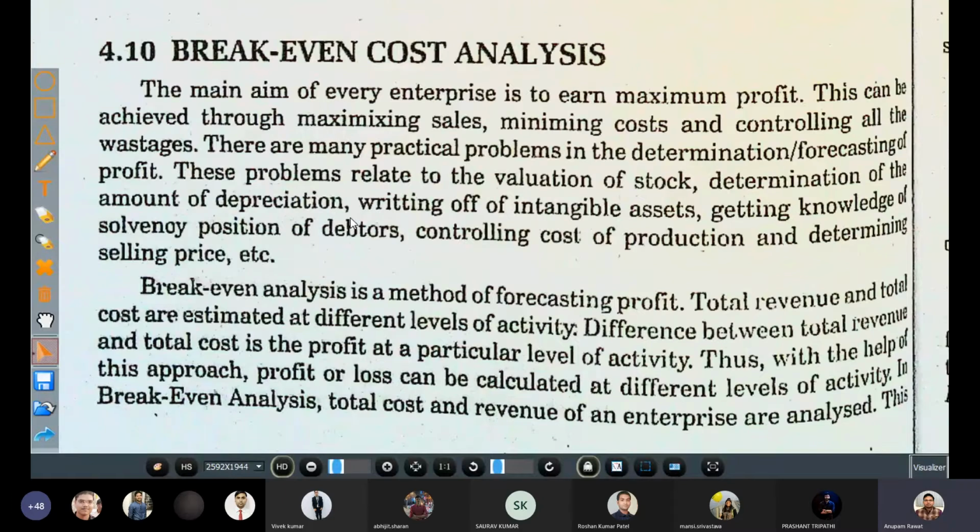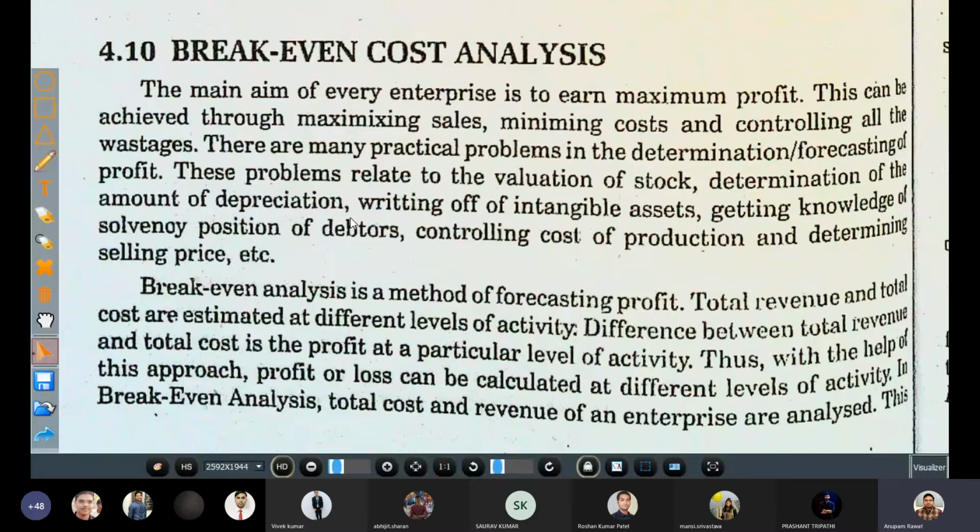There is a certain fixed number of products such that if that number is produced in a day, we will neither get a profit nor a loss. And also there is a fixed number of products such that if we produce more than that, we can get the profit.